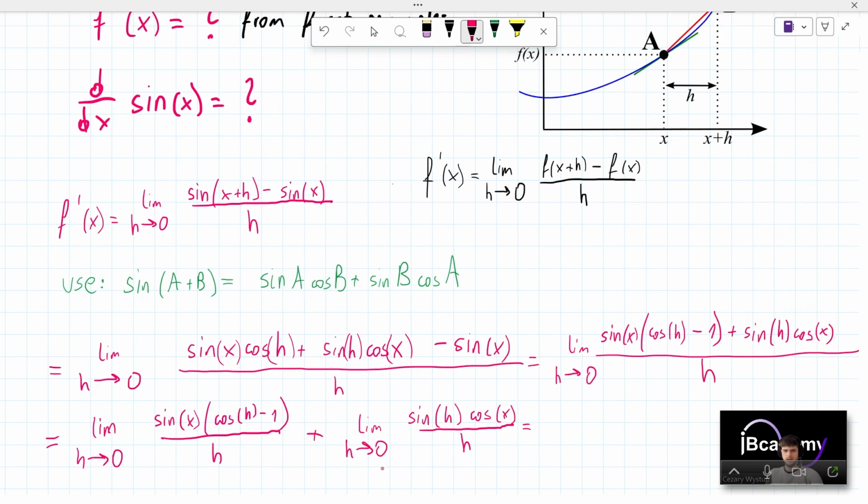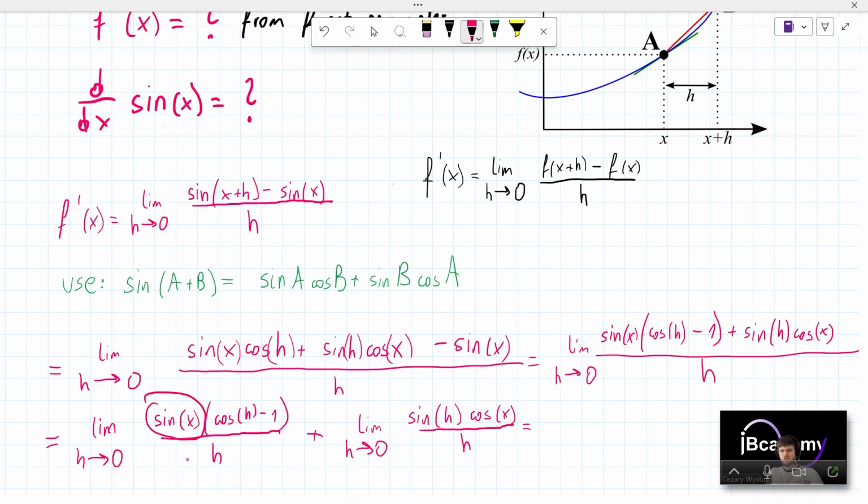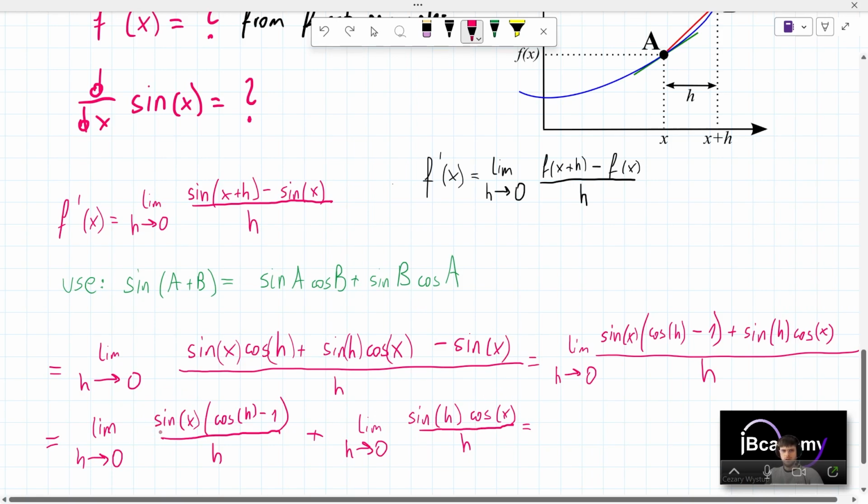Now we just need to realize that because of the idea of the limit, we're trying to make h approach 0. Nothing really changes with the value of x. So we can bring these things to the front of the limits.